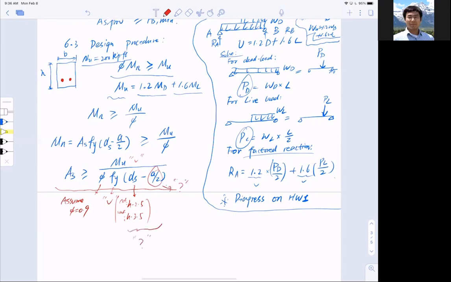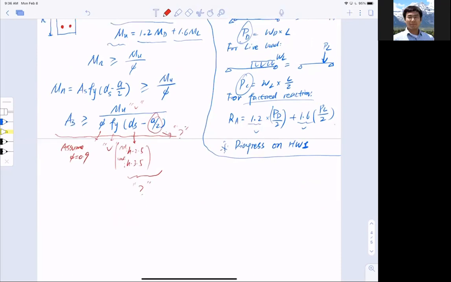I don't know this fellow, so I cannot calculate the required steel area. That means I need to make a guess to start the whole thing. So how do I guess it? I would say, assume at the beginning ds minus half a is roughly equal to jd.